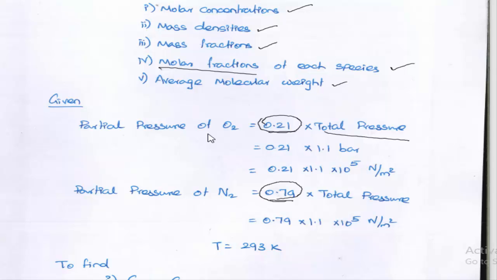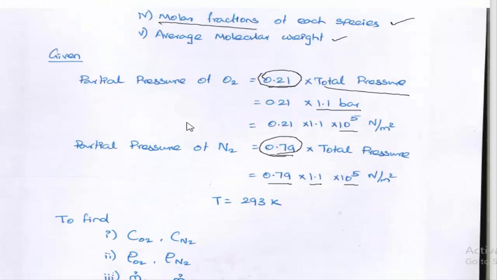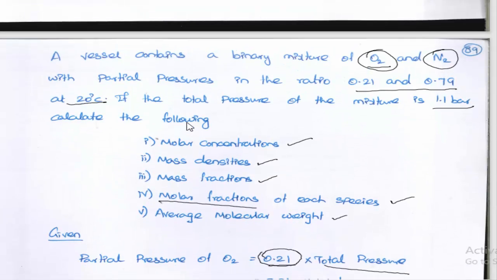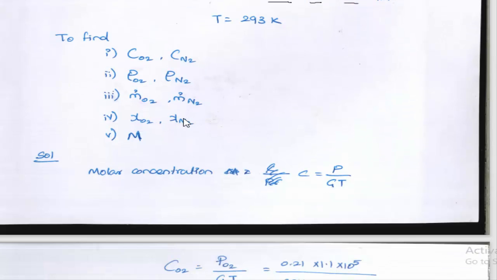So here the total pressure is 1.1 bar. I am converting this bar into Newton per meter squared, so I am multiplying by 10 to the power 5. So the partial pressure of O2 is 0.21 into 1.1 into 10 to the power 5. Similarly, for N2 I am taking 0.79 times the total pressure into the conversion factor, right? And the temperature given is 20 degrees Celsius, so it is 293 Kelvin. So I am going to find out all these values, right?